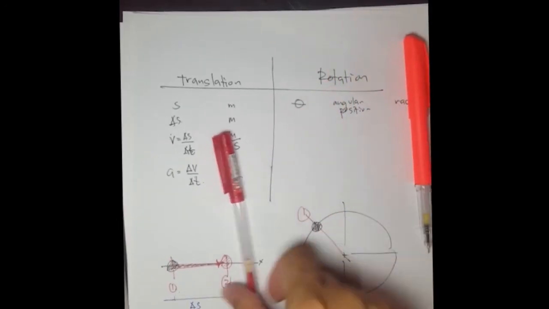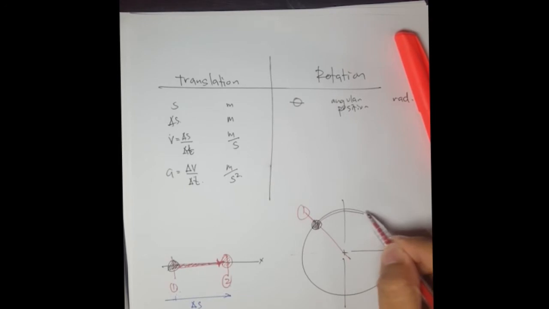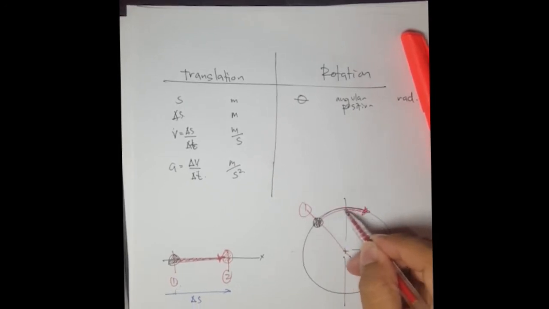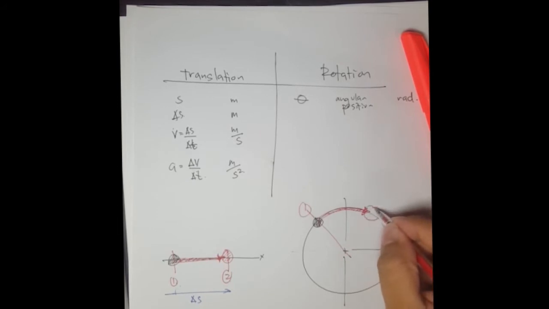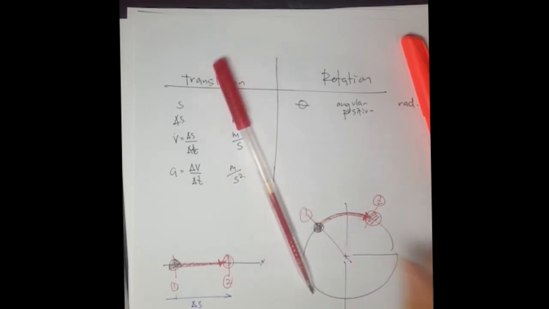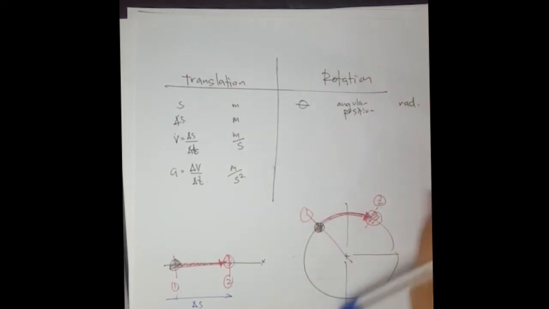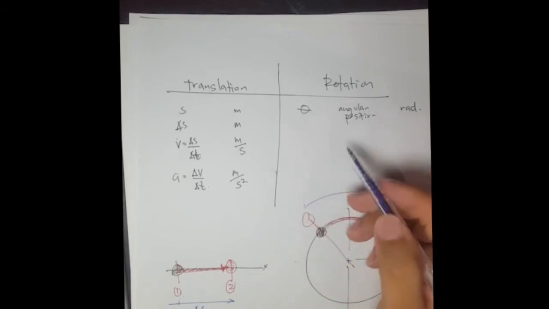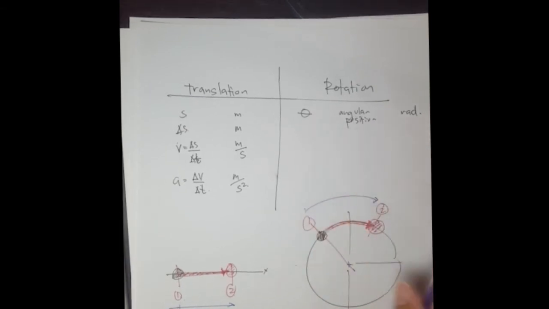Right, so after some time, it moves. Let's say it changes position to here, and let's say this is point 2. From point 1 to point 2, what's the displacement in terms of this angle?